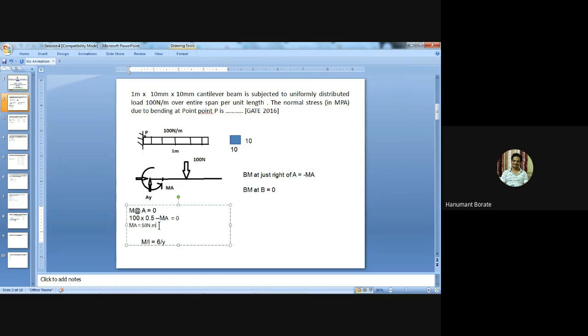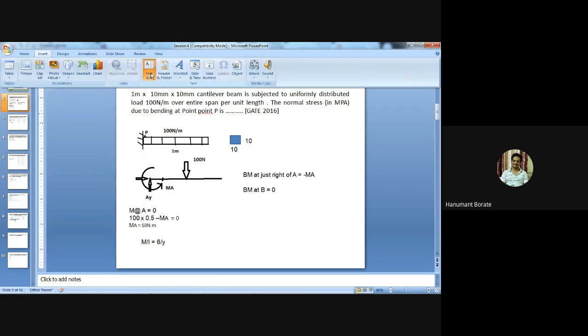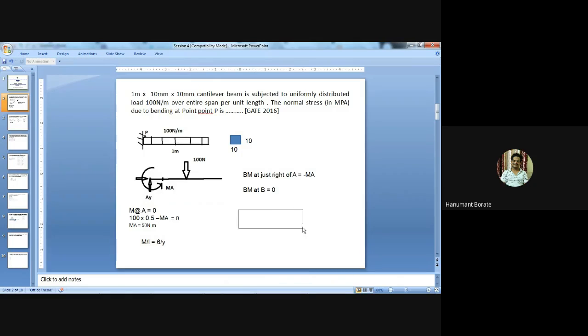Now to calculate the value of I, how can we calculate it? By using the standard formula, because the cross section is rectangular, sorry, square. So BD cube by 12, where B means breadth and D means depth.